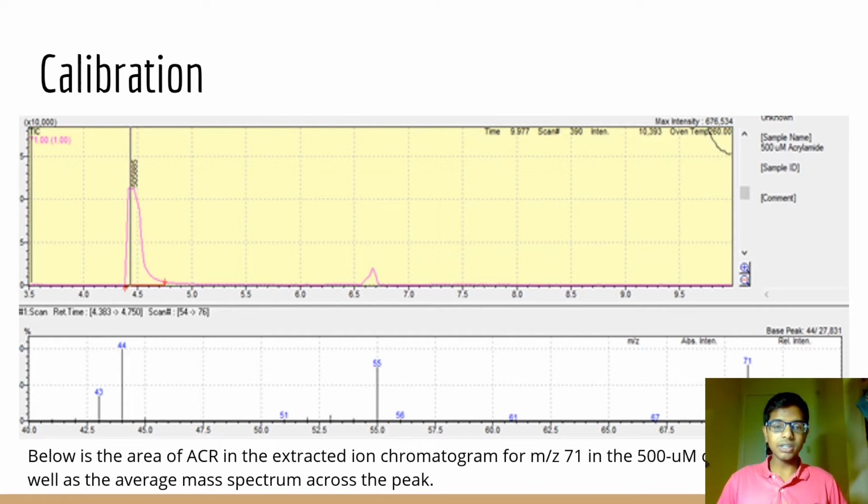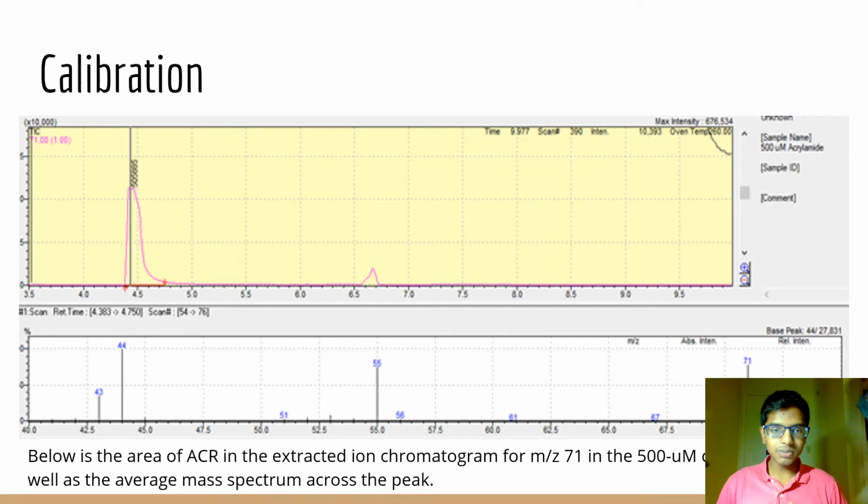So right here, you're seeing a mass spectrometry result from the gas chromatography mass spec of a known sample of acrylamide. And as you can see, the known samples of acrylamide have peaks at 71 and 44. These are the main two peaks of acrylamide that we'll find in a mass spectrometry reading.